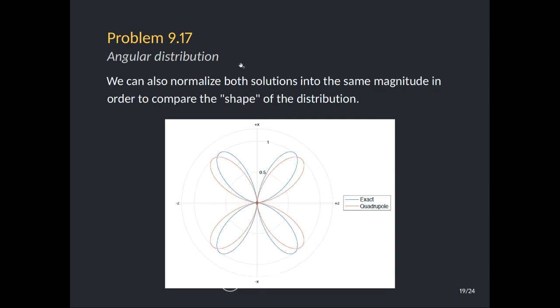But part B only wants us to compare their shapes, so we can normalize both solutions to the same magnitude, and we can see that their shape is almost the same. The exact result is almost like quadrupole radiation behavior.